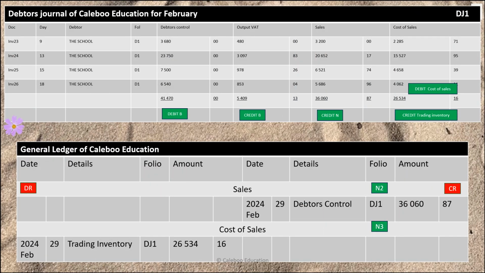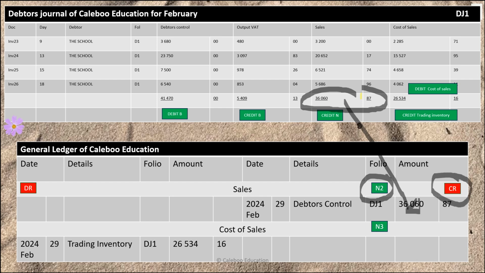We now need to take the information from the sales column and we need to post it to the general ledger. There's the Folio, nominal account number 2. Why did we go and credit this transaction?